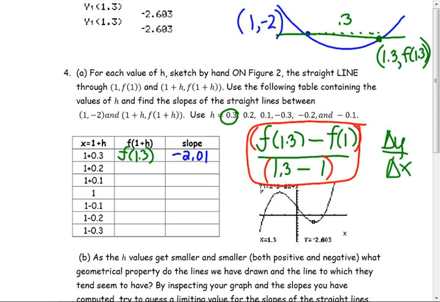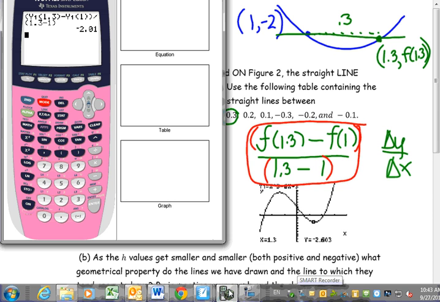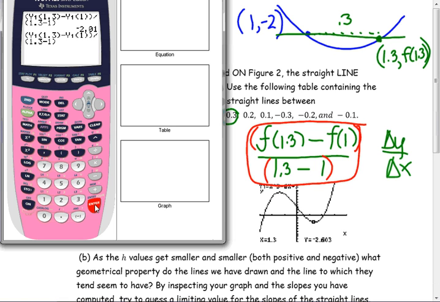What's my new h value for the next one? What h is, though, just 0.2. Okay, watch this, because this is cool. I don't want to type all that in again. You know I'm lazy. Now, if you have the new operating system, you can just arrow up. But if you're with an 83, you have to press second, enter. Now you can go in and edit this. And all I have to do is go up here and over and make that a 2, and go down and over and make that a 2.